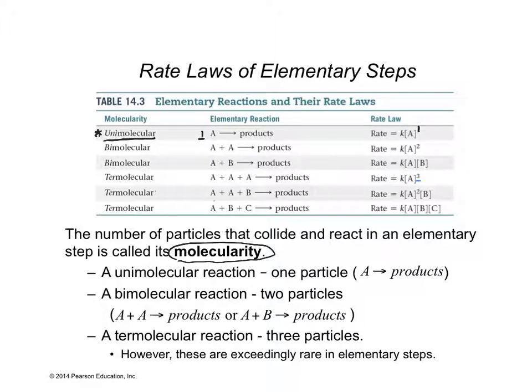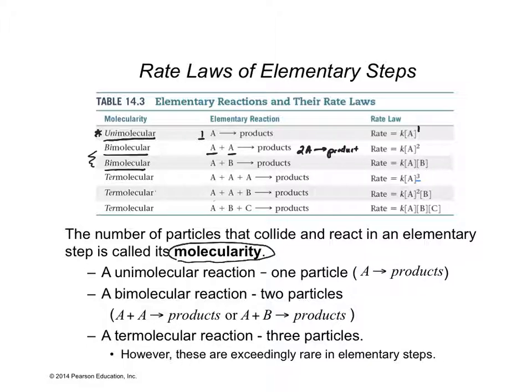Okay, so then another type of reaction is something called a bimolecular reaction. So a bimolecular reaction means that we have two things that are colliding in the elementary step, okay? So this can be either two of the same things, right? So this could be an A colliding with another A, so this would be 2A going to make products.